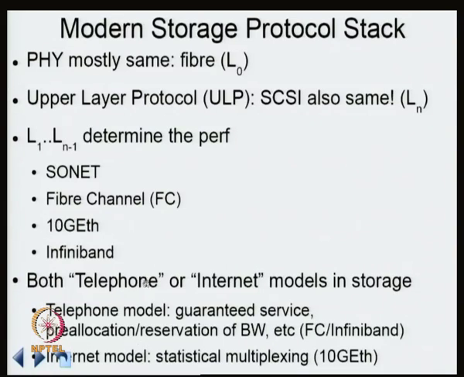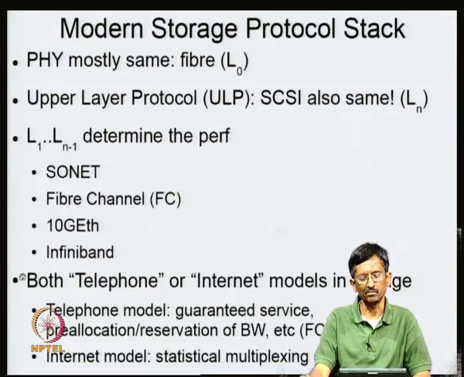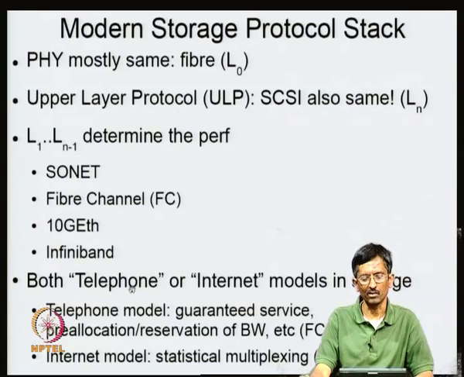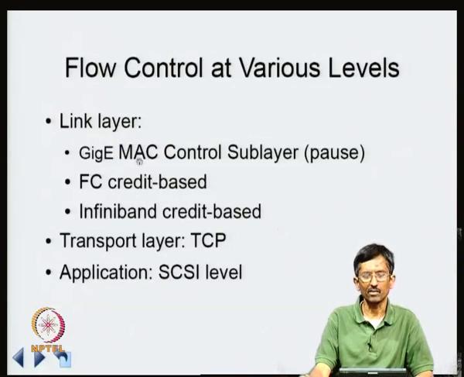Now, whether you go for the telephone model or the internet model, you have to actually do lots of other things that go with these particular characteristics. For example, I will just briefly mention one thing, the flow control. Okay.